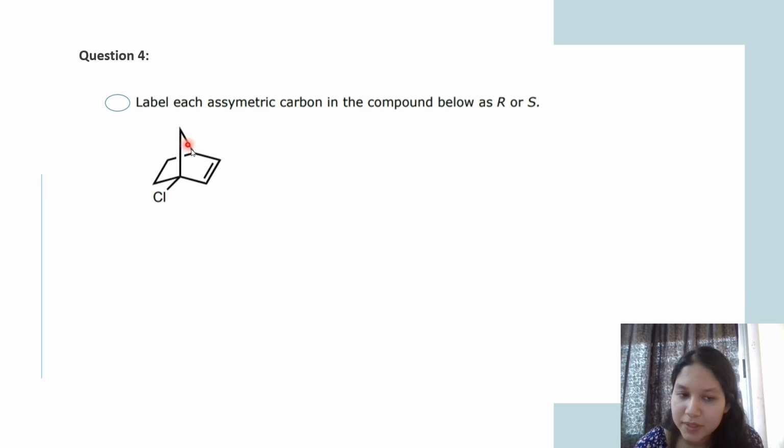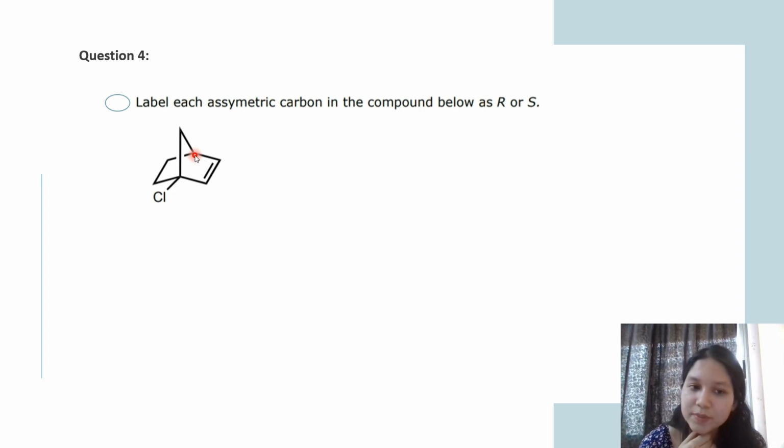On the upper side, that is, if we move above the plane of this bridgehead carbon, this is one substituent, this is the second substituent where you have CH double bond CH and so on, and you have the third substituent along this side, CH2 CH2, and it also contains one hydrogen atom which will be equatorial to this bridged carbon.